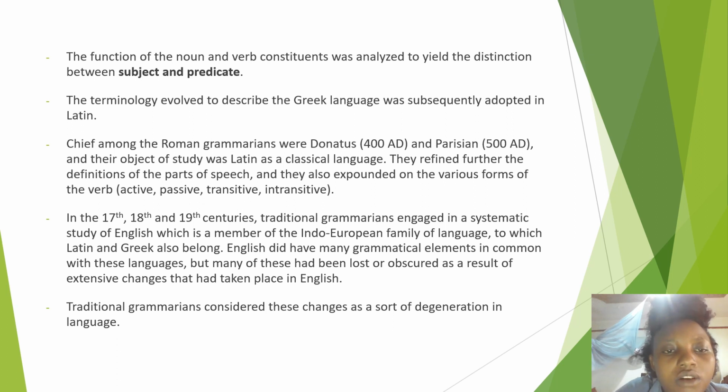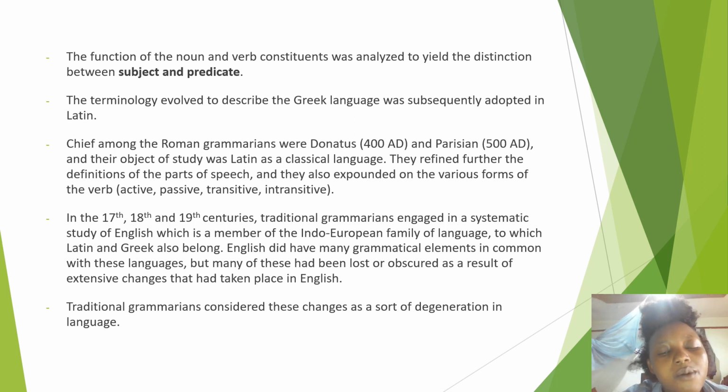The function of the noun and the verb constituents was analyzed to yield the distinction between subject and predicate. The terminology evolved to describe the Greek language was subsequently adopted in Latin.